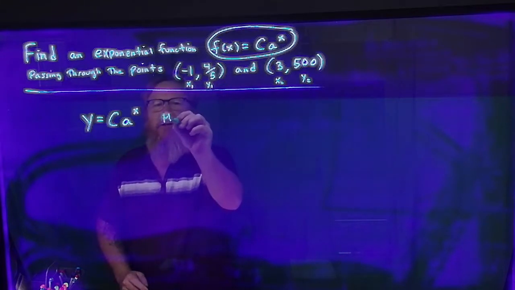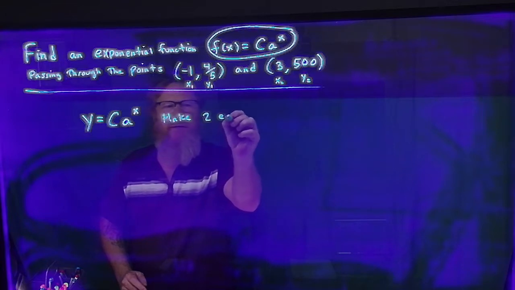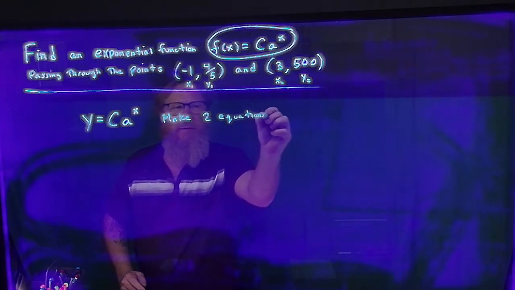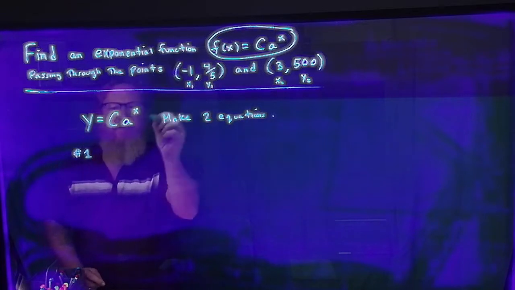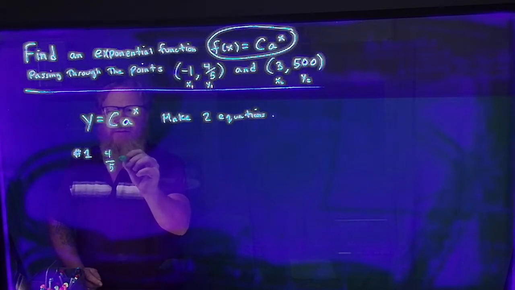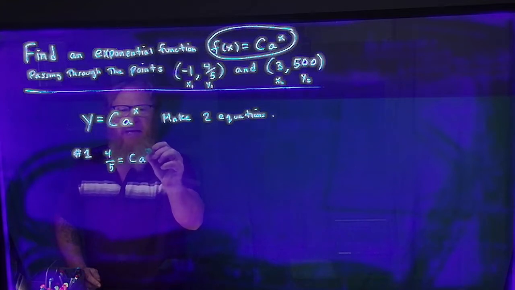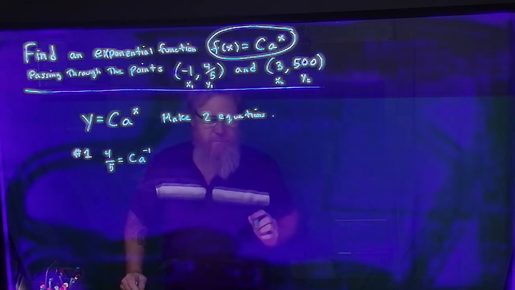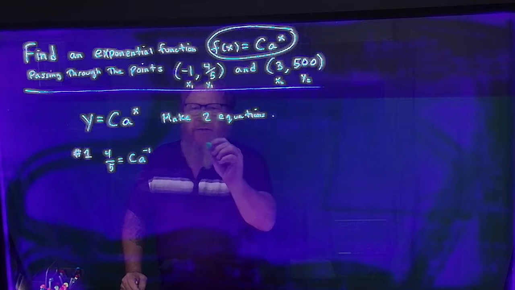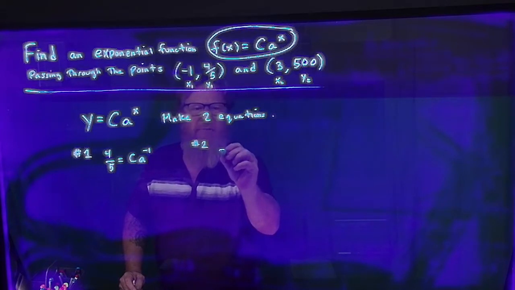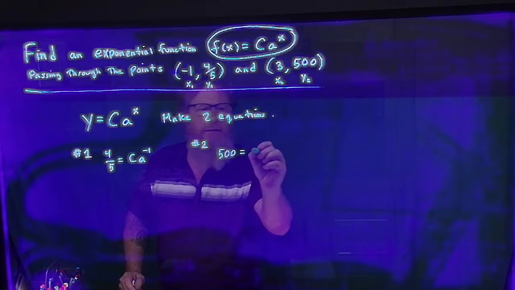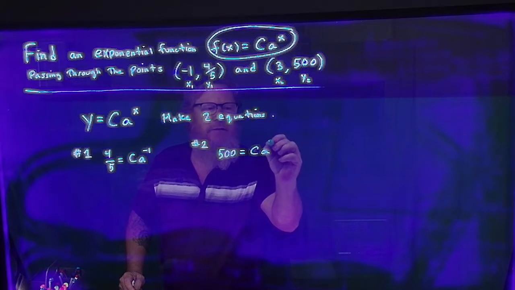And you're going to make two equations. The first one is going to be 4/5 equals CA to the negative 1. Your second equation is going to be 500 equals CA cubed.